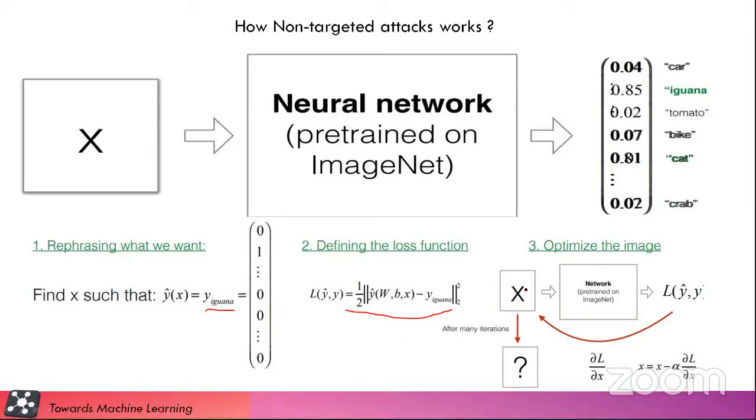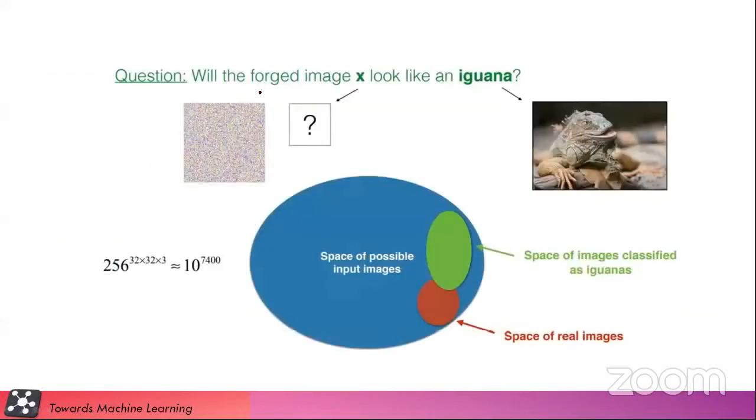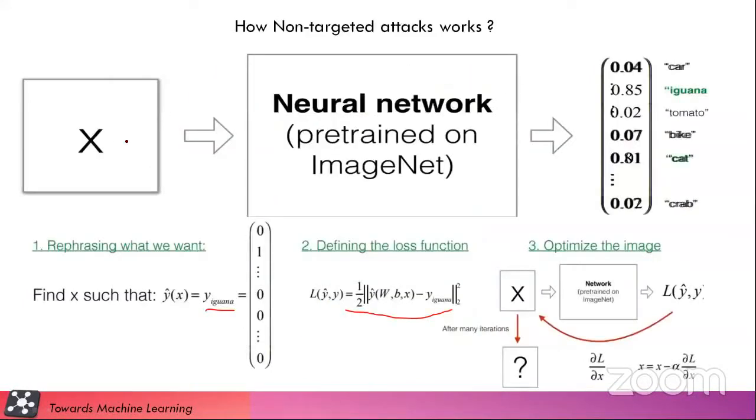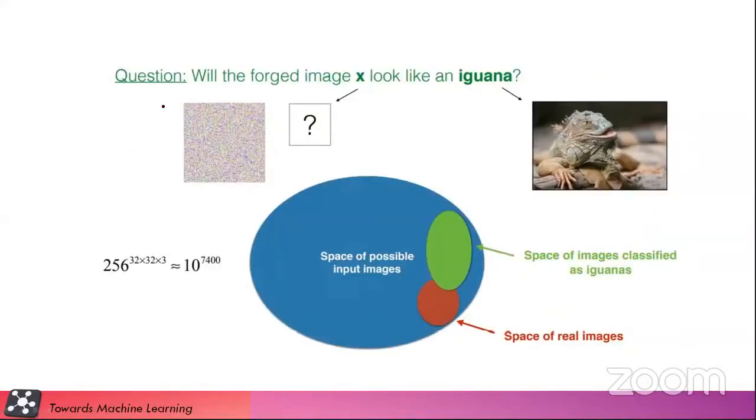Now moving forward, we have one question. We have created X, and X is white noise. This white noise you can see in the initial part. But what's the probability that the forged image will look like an iguana? What do you think?